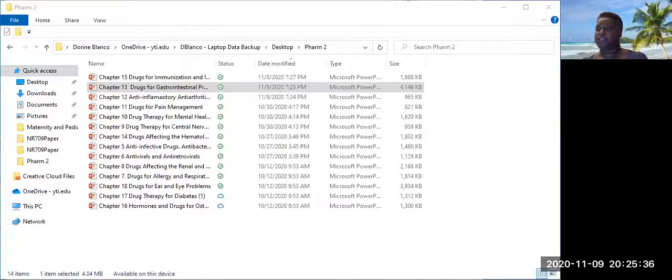And with these drugs, you will see your dronabinol, or your brand name would be Marinol. And then you will see your nabilone, and the brand name would be Cesamet.